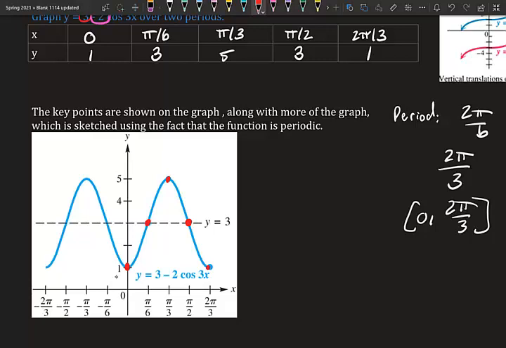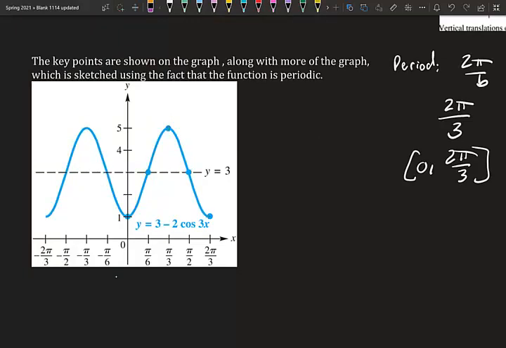So if we had pi over 6, we're going to have negative pi over 6, positive 3. Then we'll have negative pi over 3, positive 5. See, it goes in order. So this is what we have using the chart. But we know it's just going to go back up, then back down. So that's how we would finish the rest to get 2 periods.